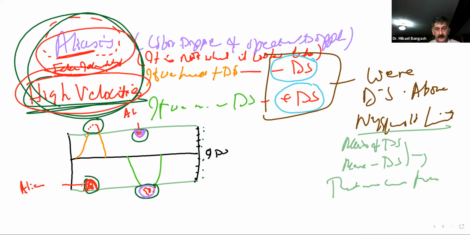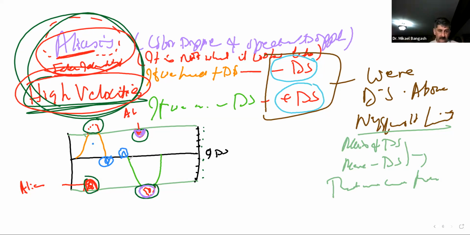Not a negative like this here, or a positive like this here. This negative Doppler shift with this positive Doppler shift, aliasing or not, is normal.